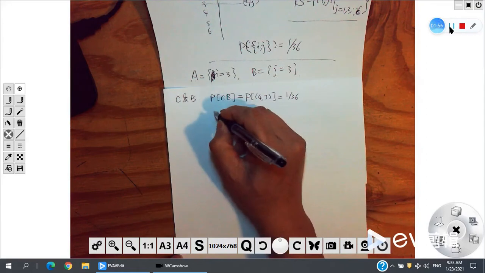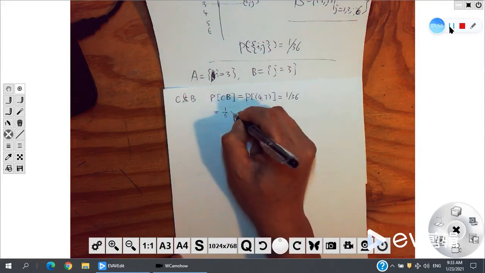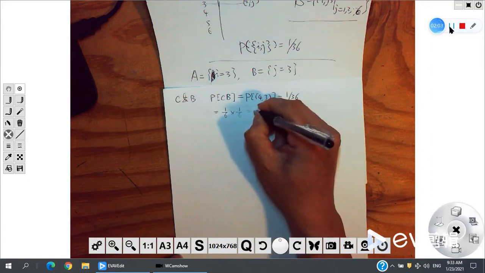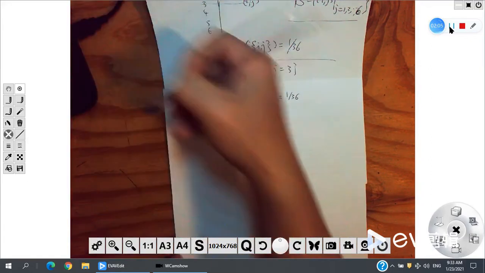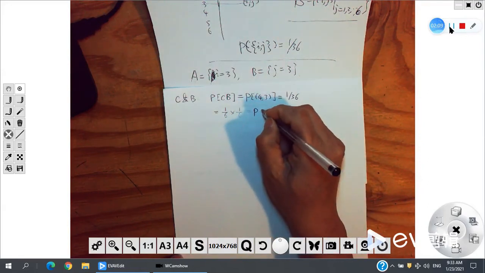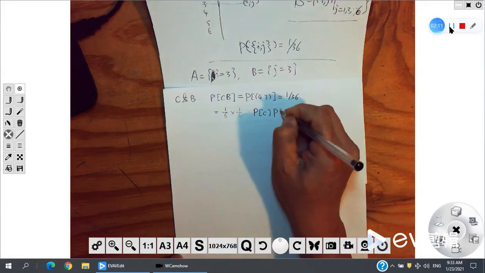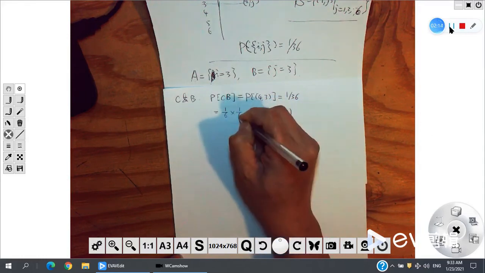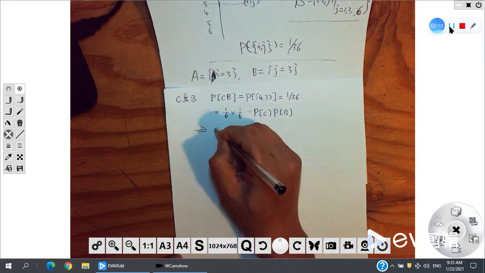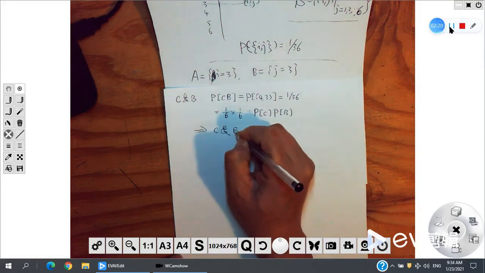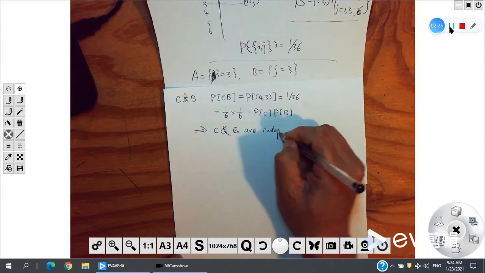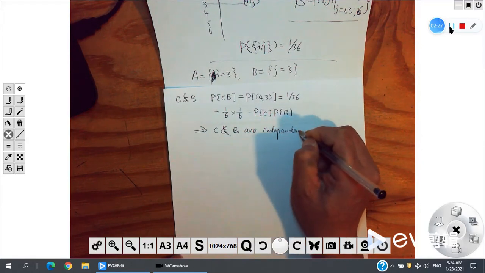And this is just 1/6 times 1/6, which is the probability of C times the probability of B, right? Now we can claim C and B, they are independent.